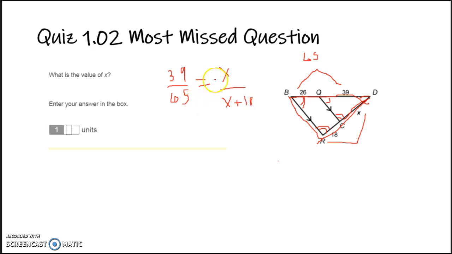So we cross multiply, we end up with 65x. And then we have on the other side 39, and make sure you put parentheses when you cross multiply here. 39 times x plus 18. And we'll distribute after we get this up. We'll distribute that 39 into the parentheses.